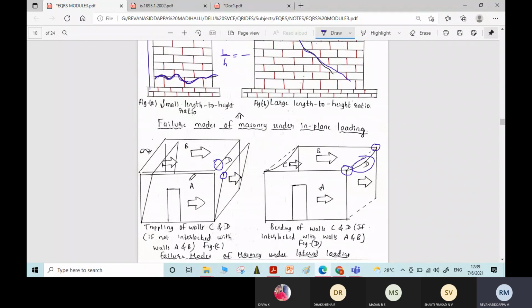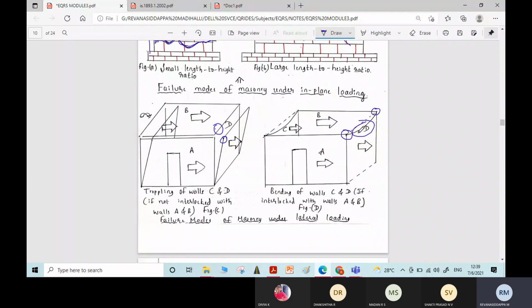Whatever forces are acting onto the wall will be redistributed to the slab element, the beam element, and the corner column element. When redistribution takes place efficiently, it will handle the large amount of earthquake forces acting onto it.